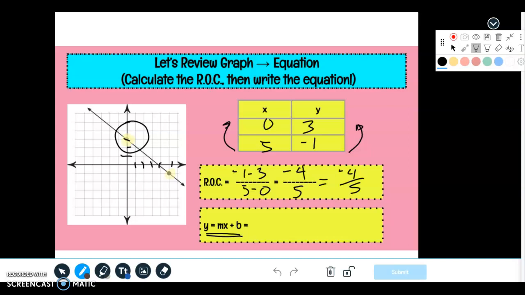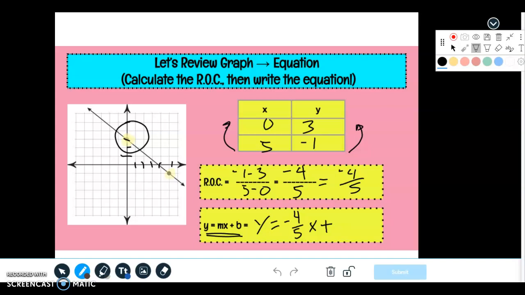Okay. So when I put this together, I'm going to have y is equal to my m value, again, also known as your rate of change, of negative 4 over 5 multiplied by an unknown x value. I'm then going to add in my b value since it is above the x-axis.